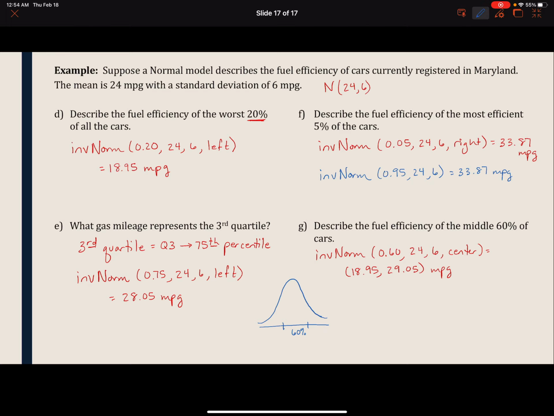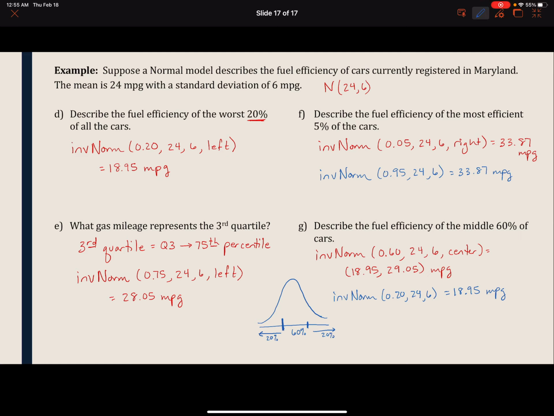That means that I have 40% left over, which means 20% is going to be above this value here, and 20% is going to be below this value here. So to find this first lower value, the left area is 20%. So I'm going to enter inverse norm with 20. And you'll get that 18.95.